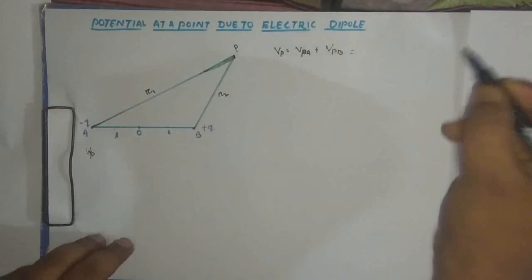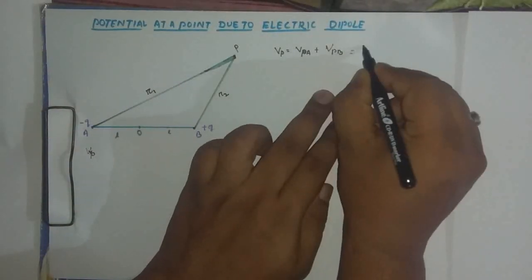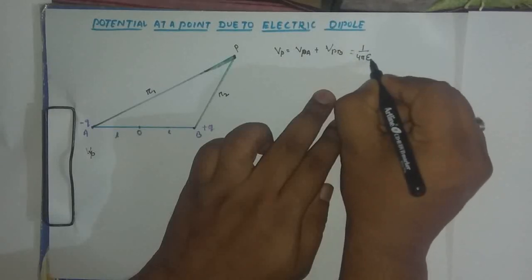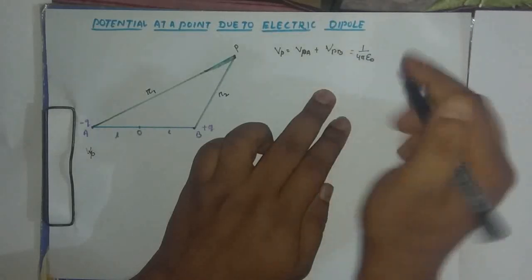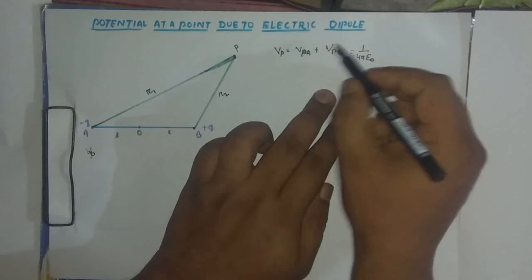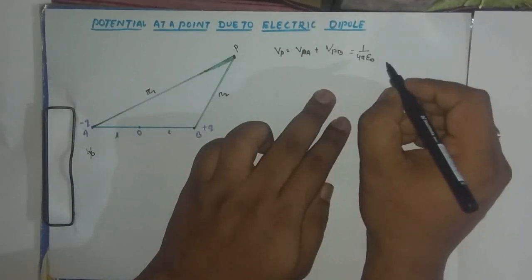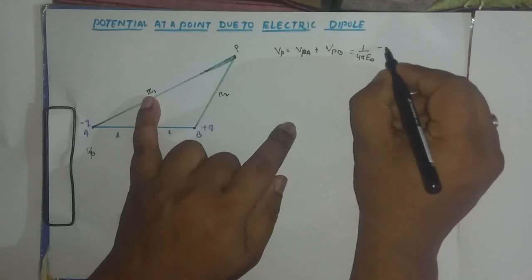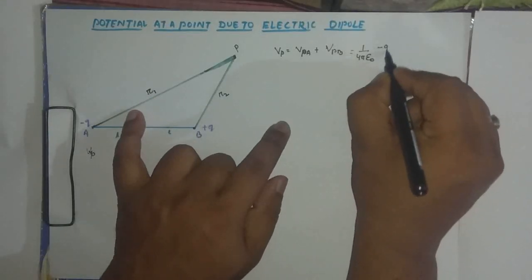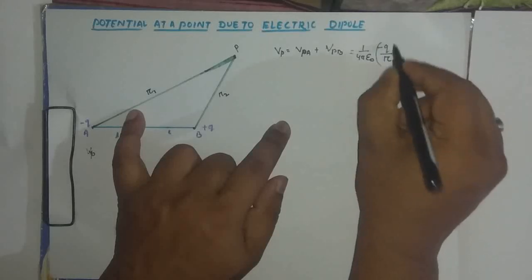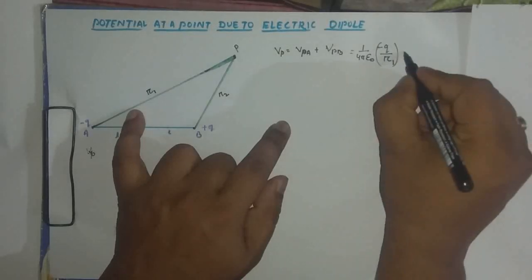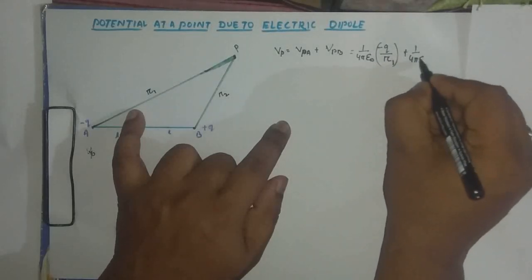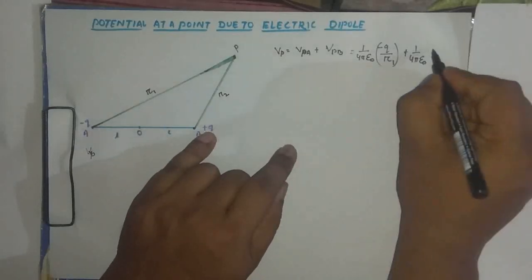I can write this as, for each case, 1 by 4 pi epsilon naught KQ by R. Here Q is minus Q for A, so minus Q by R1. Similarly plus 1 by 4 pi epsilon naught plus Q by R.